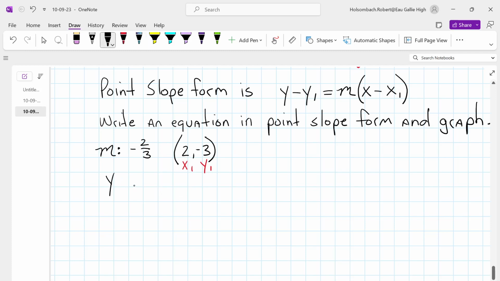So we go y plus 3 equal to the slope, which is negative 2/3, left parenthesis and the letter x. And then next to the letter x goes the opposite of the x value given. So we go minus 2. There's your equation.